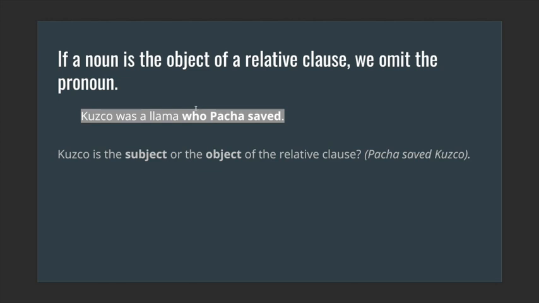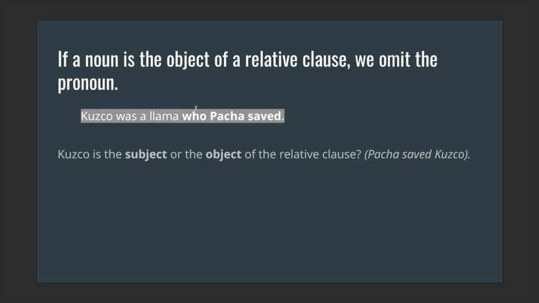So, Cusco is the subject or the object of the relative clause. The relative clause is Pacha saved Cusco. So in this case, is the subject or the object? In this case, Cusco is the object of the relative clause because Pacha is the one executing the saving. Pacha is the one that saved, and Cusco is the one that was saved, that received the saving. So Cusco in this case is an object.